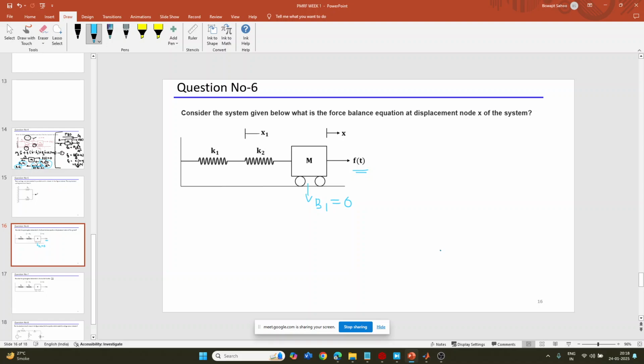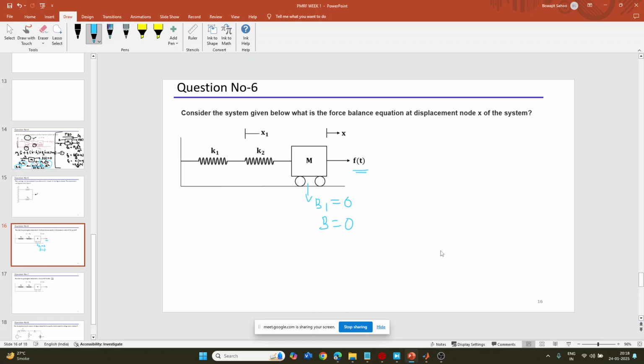Here K2 is given, some displacement x1, and there is no damper, so B also 0. So obviously there is no damping force. Now only the spring force is there, and whenever the external force is applied, because of moment of inertia, there is a force.